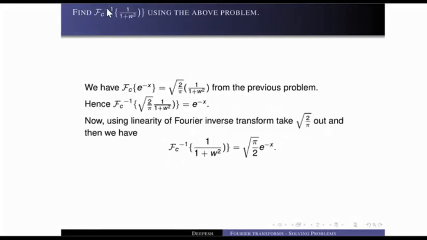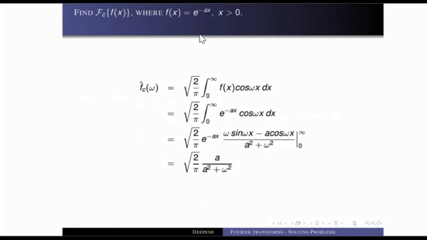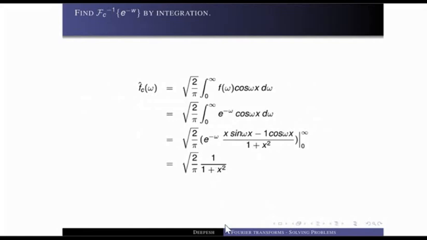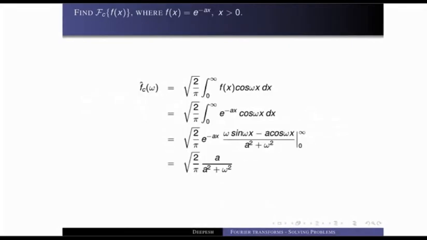Now find the Fc inverse of 1 by 1 plus omega square using the previous problem. Here you can see that the Fourier cosine transform of e raised to minus ax is root of 2 by pi a by a square plus omega square, whereas you need the Fourier cosine inverse of 1 by 1 plus omega square. So you need to take a to be 1 here.